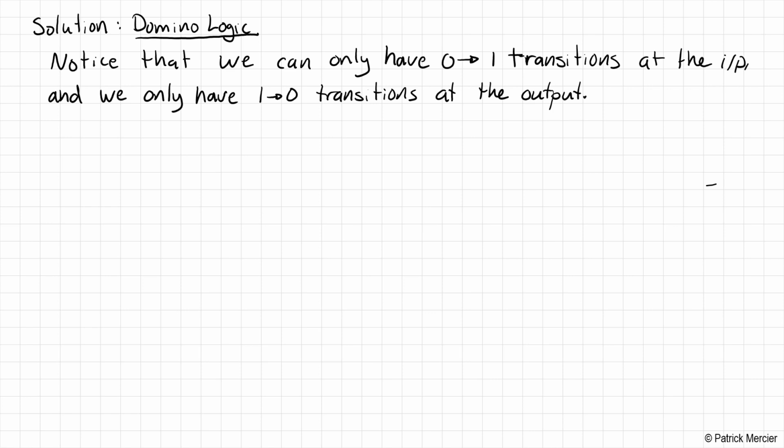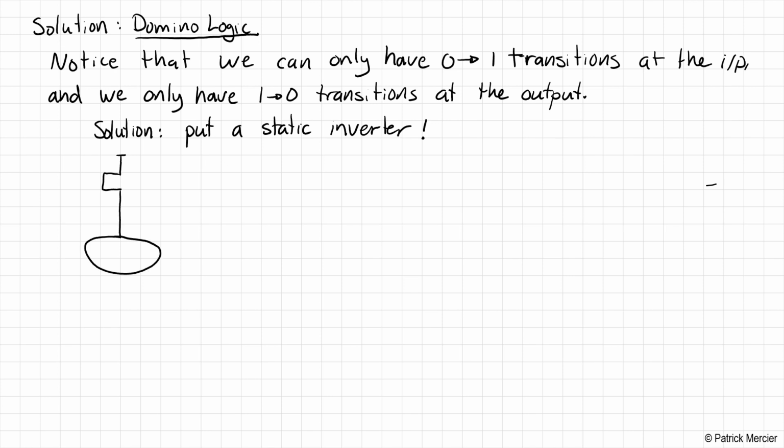Okay, so there's a very simple solution here. The solution is to put an inverter, a static inverter, between the outputs of your gates. Okay, so it would look something like the following. We have our normal dynamic logic gate. We have some pull-down network function that we're computing down here.